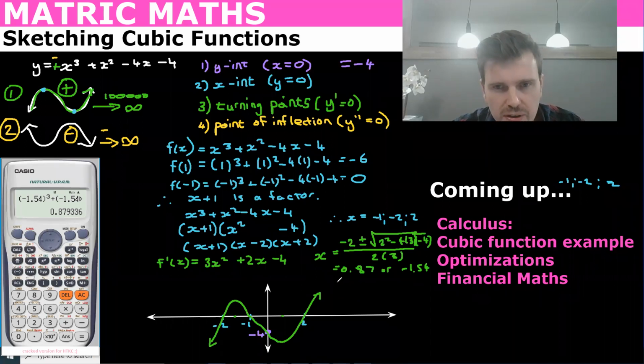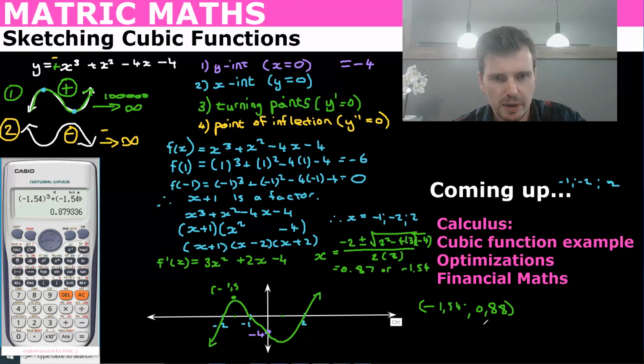So my one turning point is -1,54, and the y value is 0,88. So this point here, this turning point was -1,54, 0,88. Okay, let me just do that in a smaller pen. So if they ask you to label all these turning points, and now what I do is I put in the next one, the 0,87.